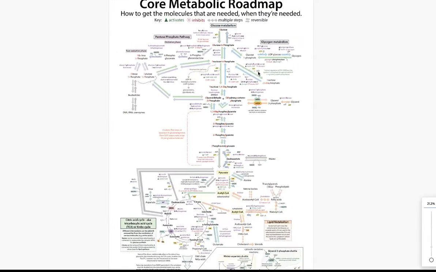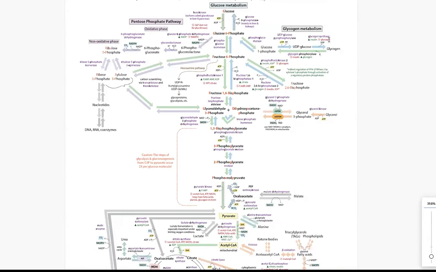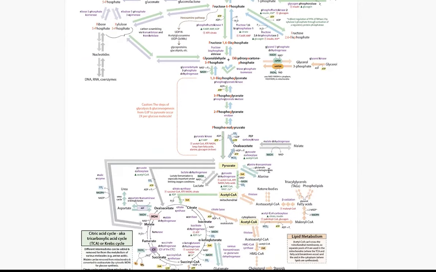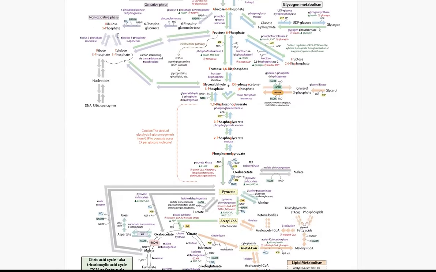You can also store the glucose as glycogen. You could take it down the pentose phosphate pathway to get NADPH, to combat oxidative stress, and to do things like make lipids. You could use the pentose phosphate pathway's non-oxidative phase in order to make pieces for your DNA and your RNA and your coenzymes.